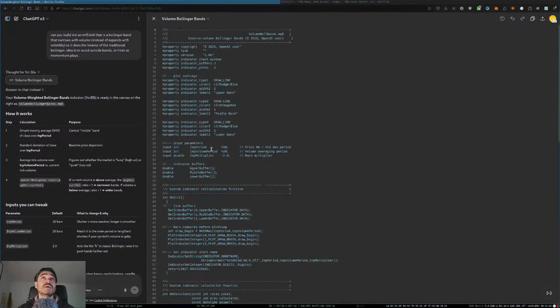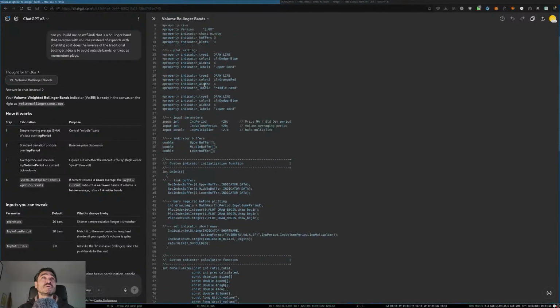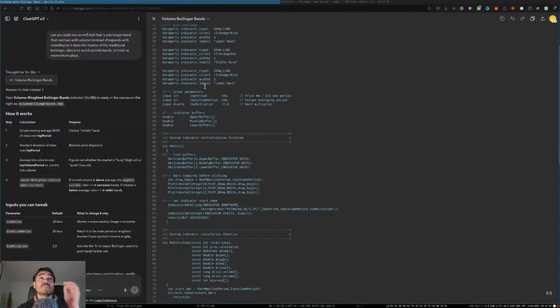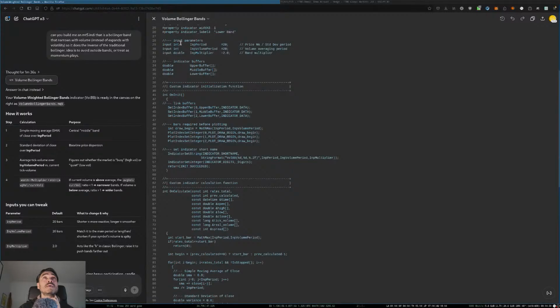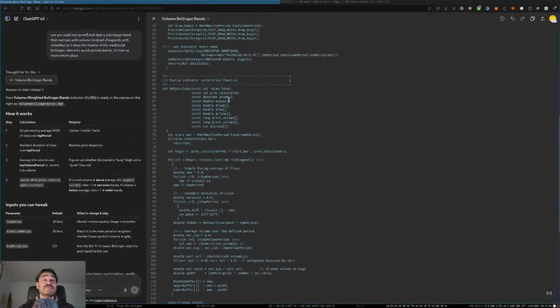These things often are. Let's just quickly flick through the code. We've got the buffers, and we've got the parameters. Band multiplier. I'm not sure what this is. The standard deviation period and the band multiplier. Normally you choose the standard deviation, but the multiplier might be for the weighting of the volume, I think.